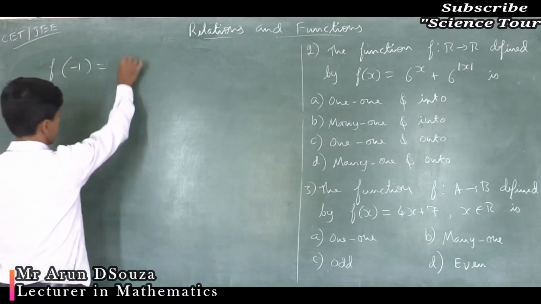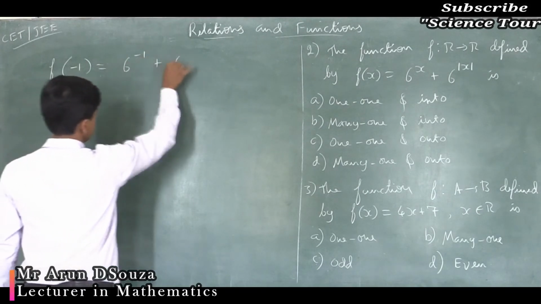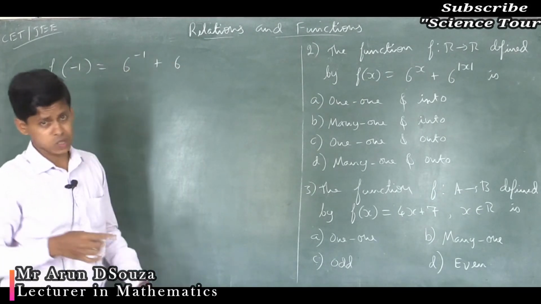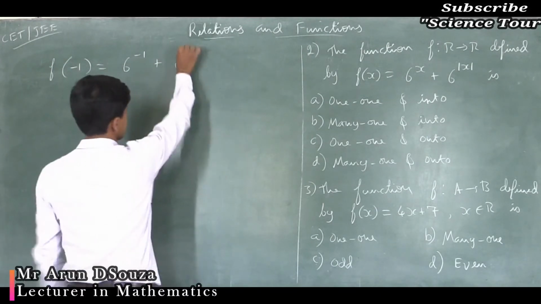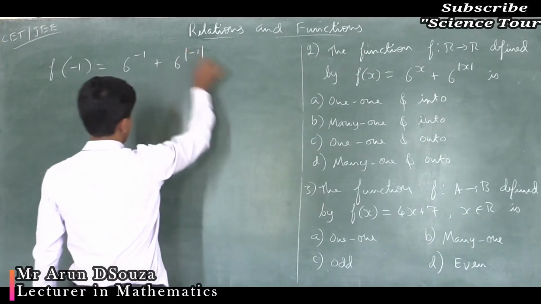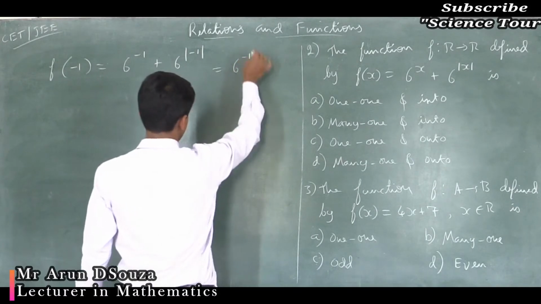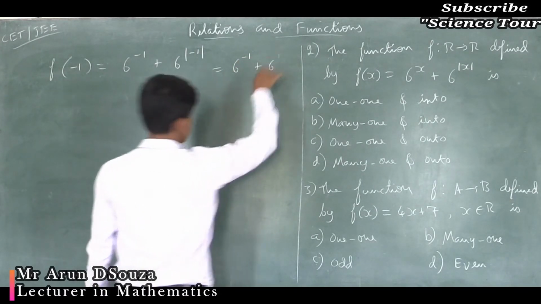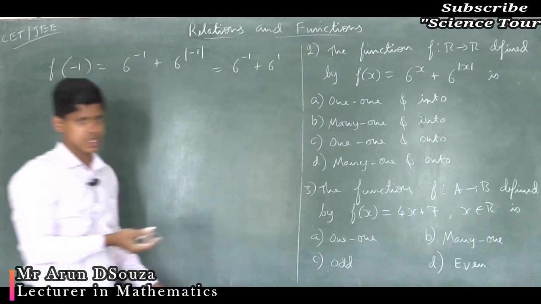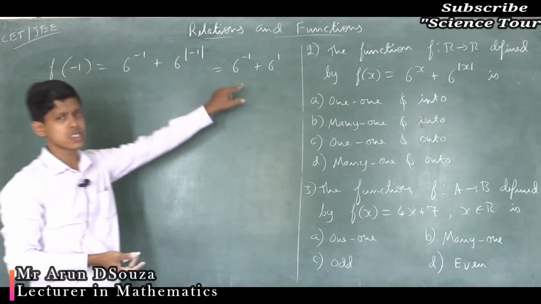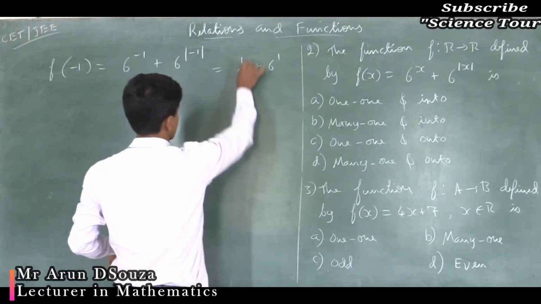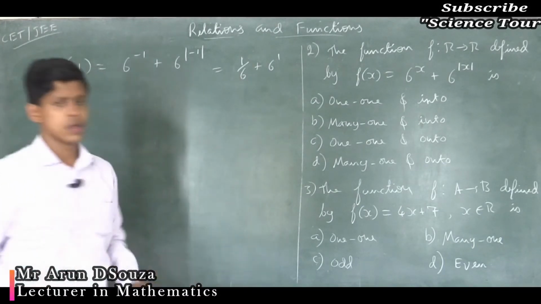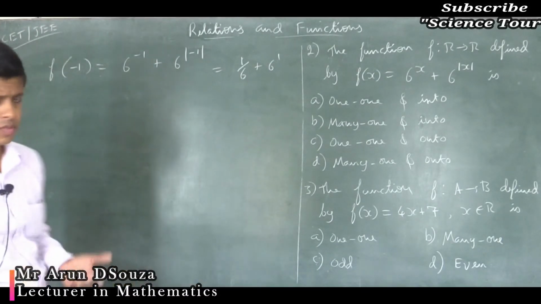So, if you are taking x as minus 1, I mean 6 to the power minus 1 and 6 to the power modulus of minus 1, which is 1, right. So, this is 6 raised to minus 1 plus 6 raised to 1, which is 6 itself, alright. So, that is 6 plus 1 by 6. See, this is 1 by 6. Okay, so that will be 6 point something, right.